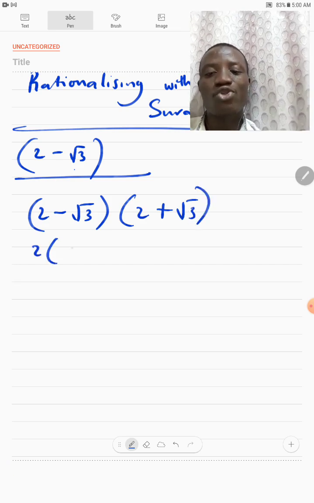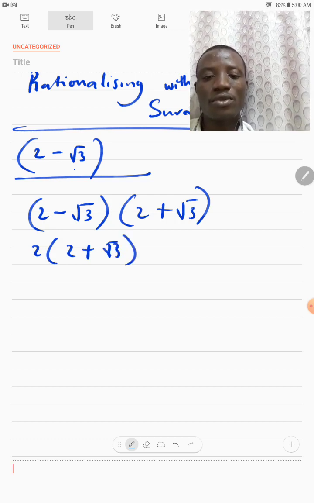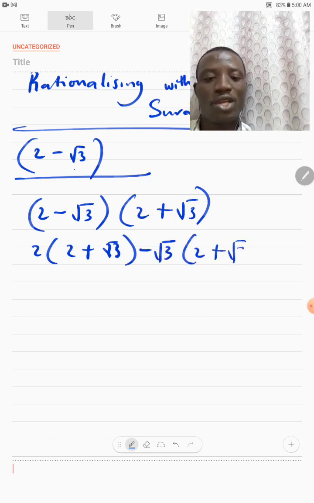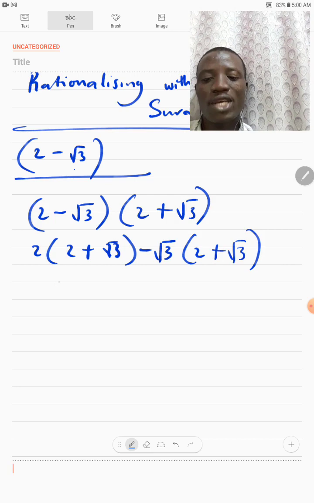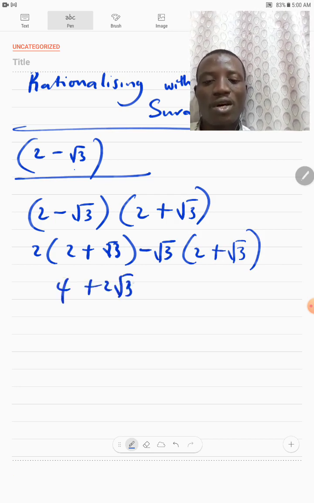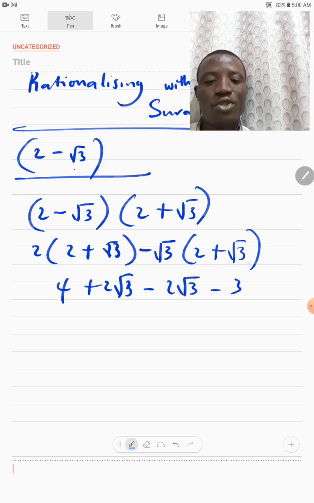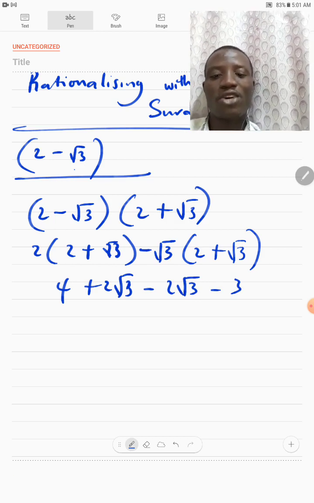So that will be 2 bracket 2 plus root 3 bracket minus root 3 bracket 2 plus root 3. Okay, 2 times 2, 4, plus 2 root 3 minus 2 root 3 minus 3. Because root 3 times root 3 will give me root 9, and that will be 3.